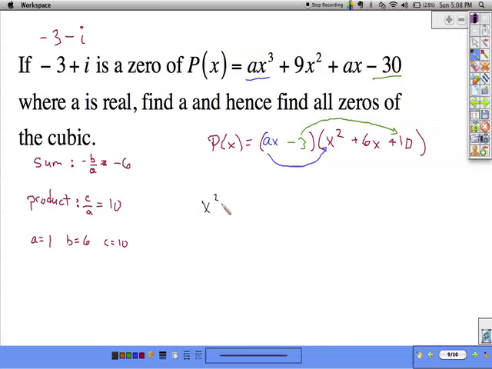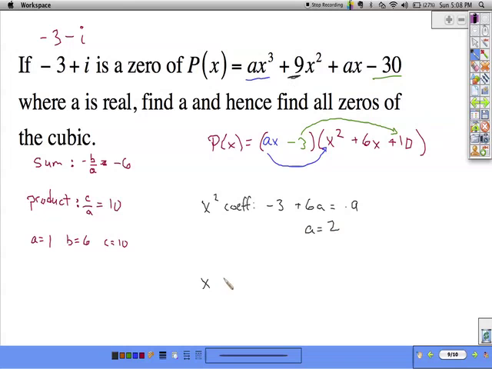I'm going to go with the x squared coefficients. I have negative 3 plus 6a equals 9. Going with those 2 terms and those 2 terms, and it has to equal this 9 right there. We can solve this and find that a is equal to 2.